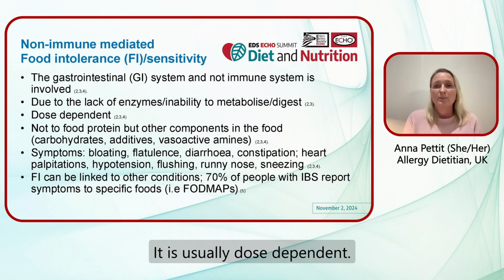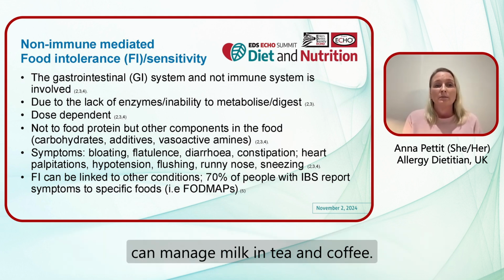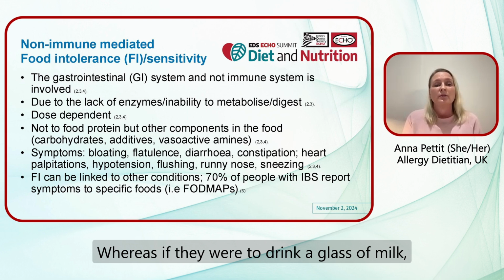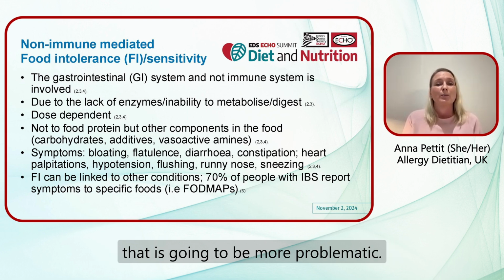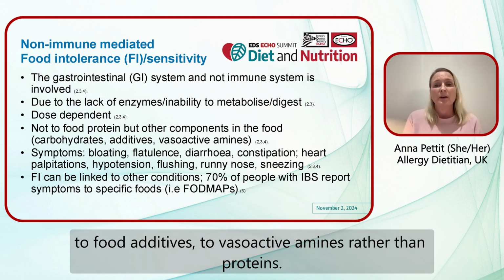It's usually dose dependent. So in the example of lactose intolerance, people with primary lactose intolerance can manage milk in tea and coffee, whereas if they were to drink a glass of milk, that's going to be more problematic. And usually the reactions are to carbohydrates, to food additives, to vasoactive amines, rather than proteins.